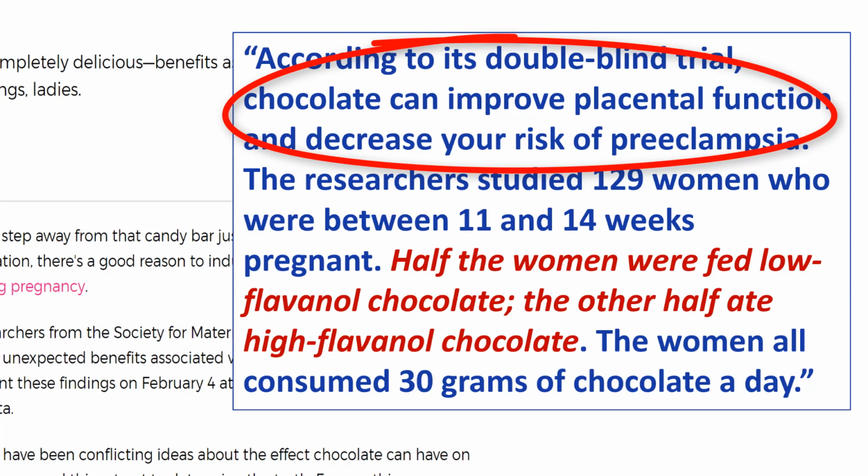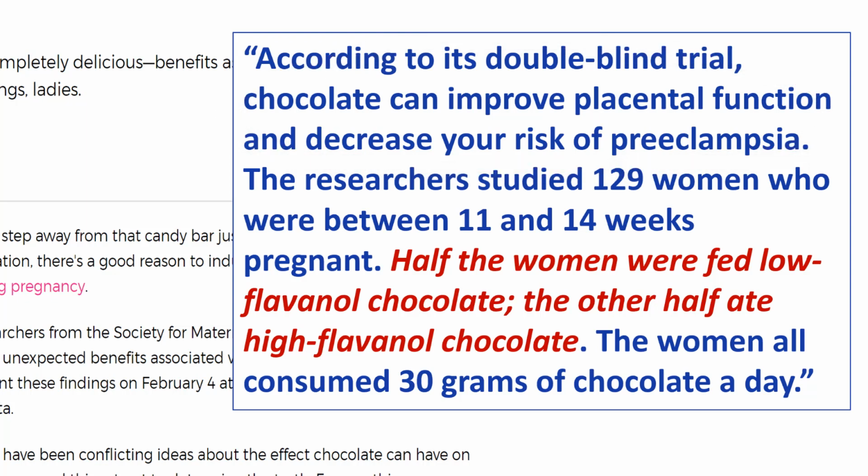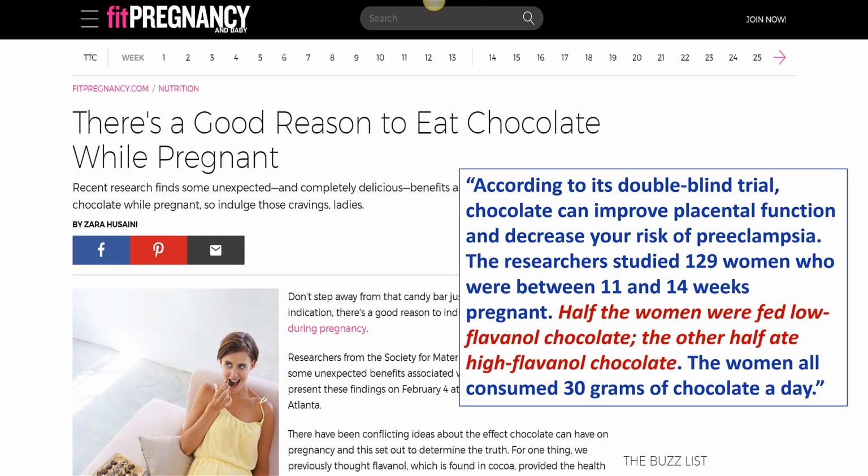All they were trying to do was look at the difference in flavanol level and rates of preeclampsia. But what happens when it goes from the study to the press release to this particular piece of journalism about the study is that somehow it turns into a study finding that chocolate decreases risk of preeclampsia.